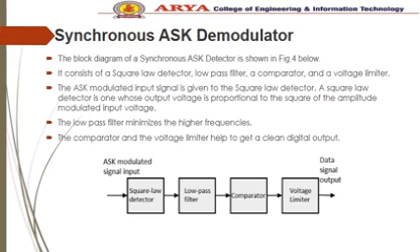After that, according to the rule cos²θ = (1 + cos 2θ)/2, the low pass filter passes only the DC signal and blocks the high frequency signals. Then the comparator and the voltage limiter help to get a clean digital output voltage.